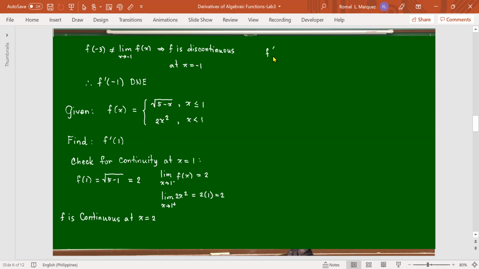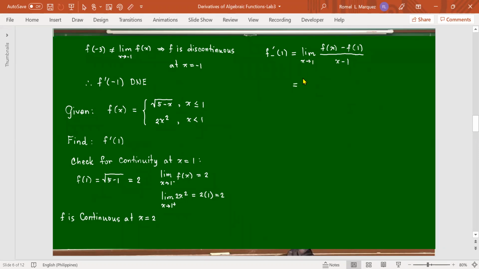It equals the limit of f of x minus f of 1 all over x minus 1, as x approaches 1, not 2.